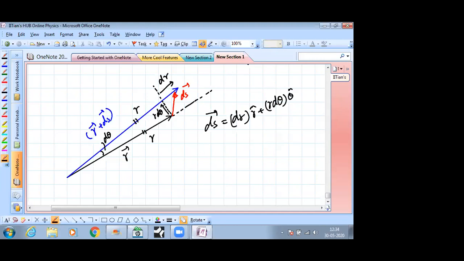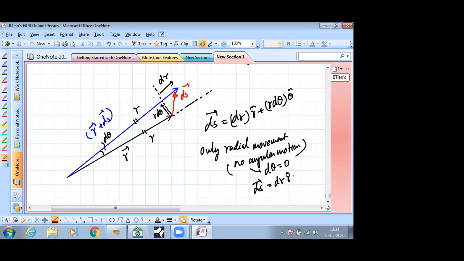If something is moving only radially, then it only has this radial component, and d theta will be 0. Okay. So only radial movement, that is no angular motion. So no angular motion means d theta is 0. So your ds will be only dr r cap.